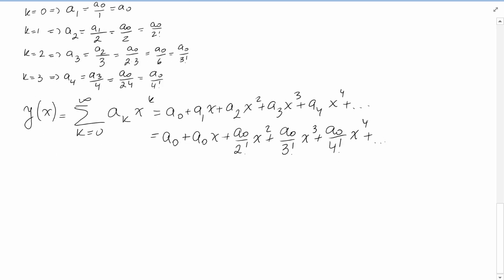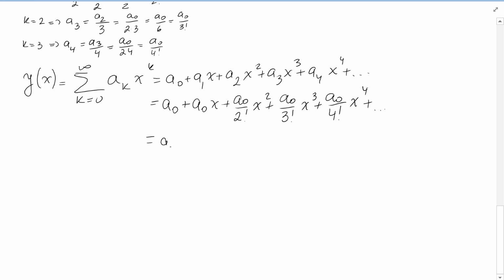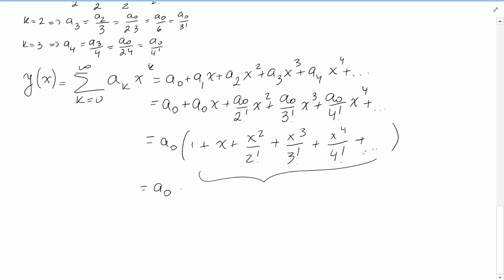So we can factor out a naught and get 1 plus x plus x squared over 2 factorial plus x cubed over 3 factorial plus x to the 4th over 4 factorial plus dot dot dot. I hope you notice that this is the Maclaurin series of e to the x. So we got that y of x is a naught times e to the x.